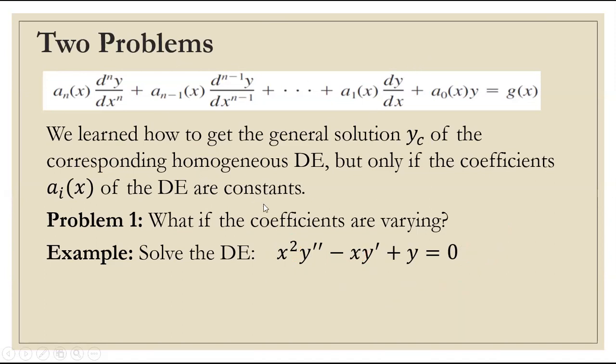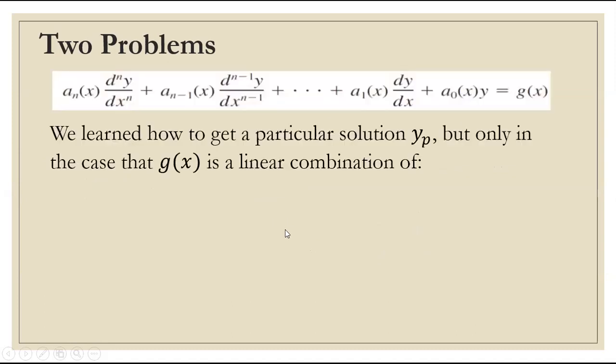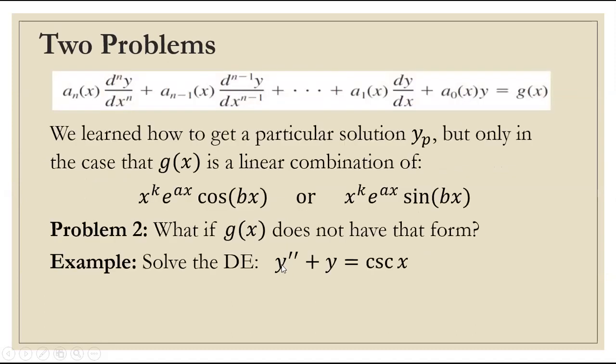Also, the second problem is if g(x), the right hand side, isn't a simple function. What I mean by simple function is a polynomial, a sine, an exponential function, or one of those products, because I can find the annihilator of all those.